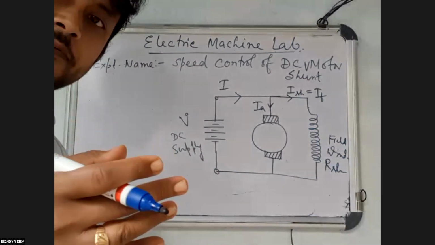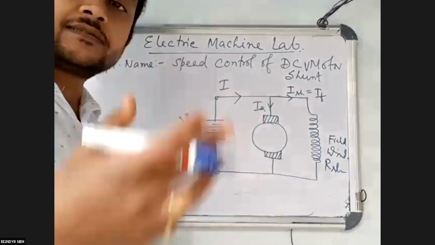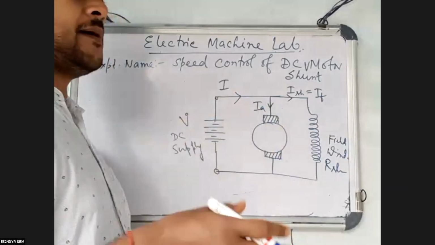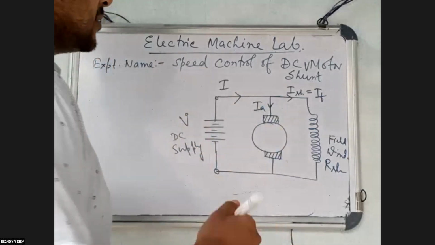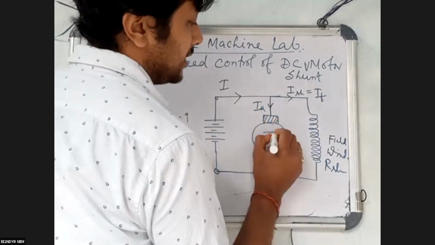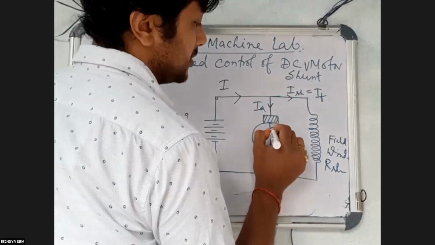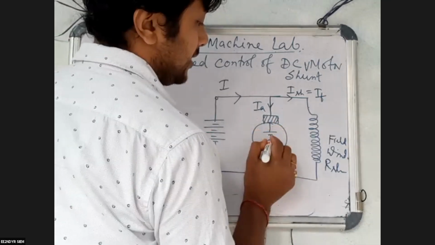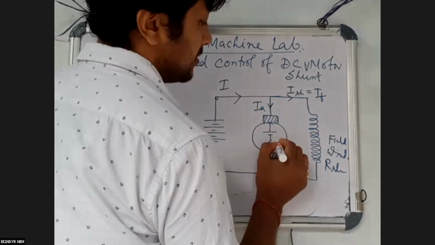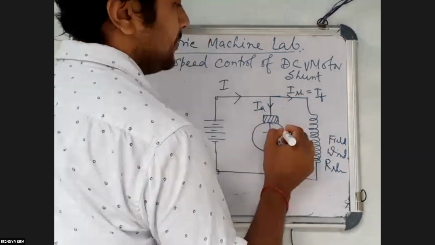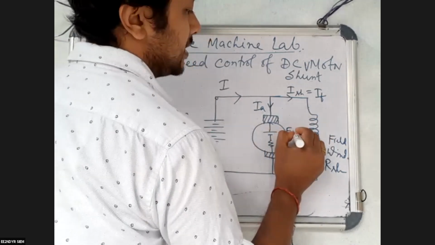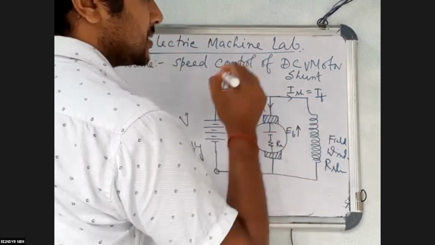When it tends to move, it cuts the flux and a back EMF is generated. So that generation of back EMF will be in opposite direction, and considering a particular small resistance RA, the back EMF which is generated, which is opposing the supply, that is EB.